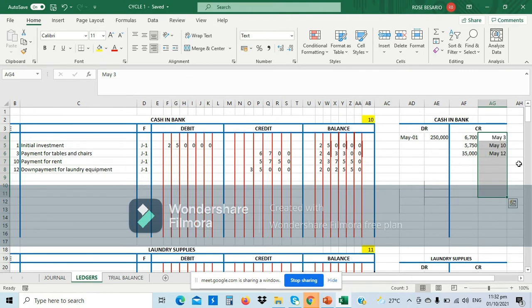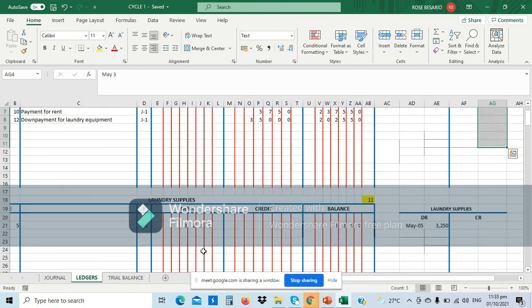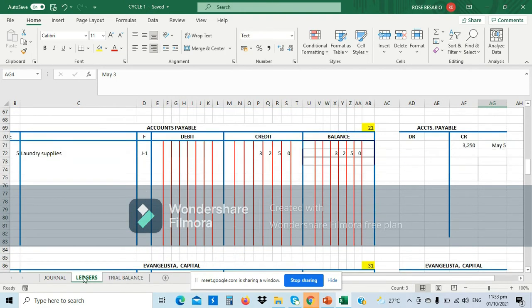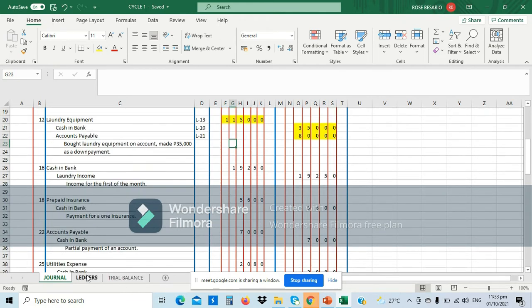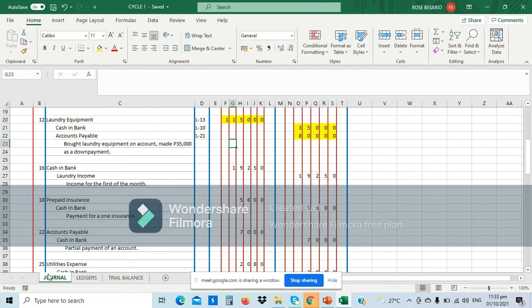Okay, then next is accounts payable, 80,000. So this is to be transferred to accounts payable. Look for accounts payable. Transferred to L21. So post here in the folio column L21. Okay, it's 80,000. So what's the date? 12.